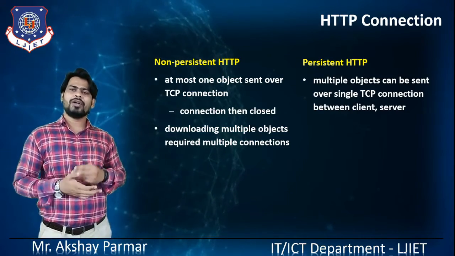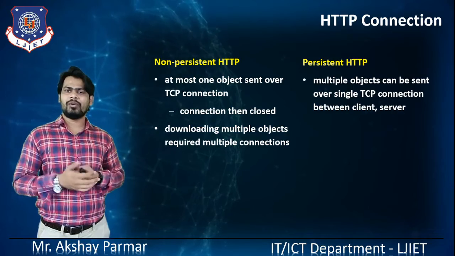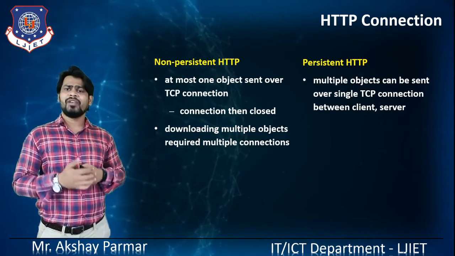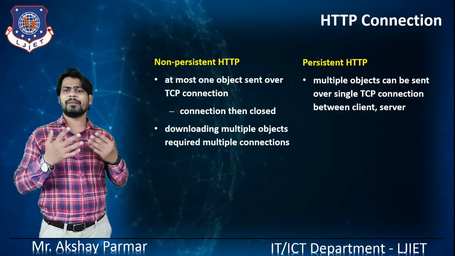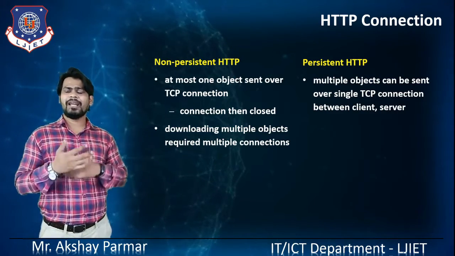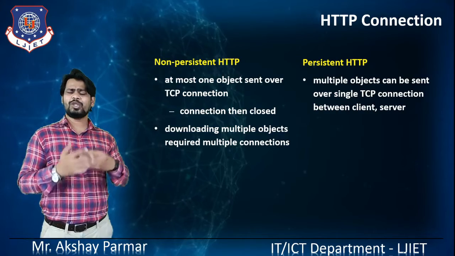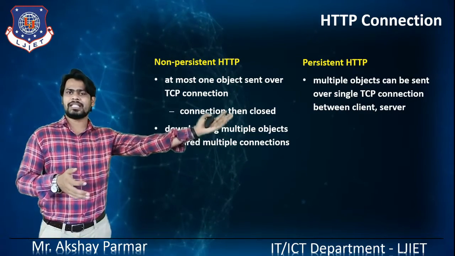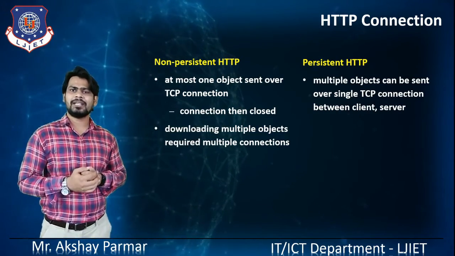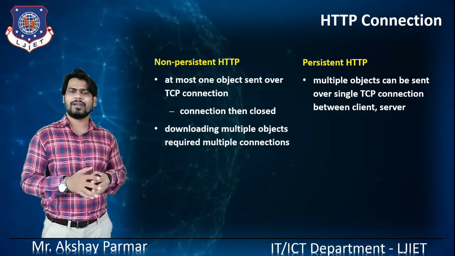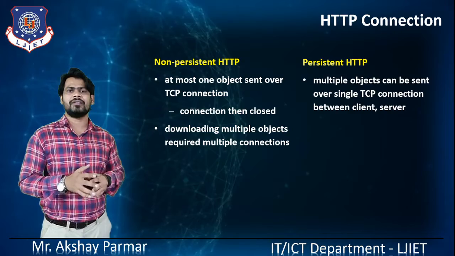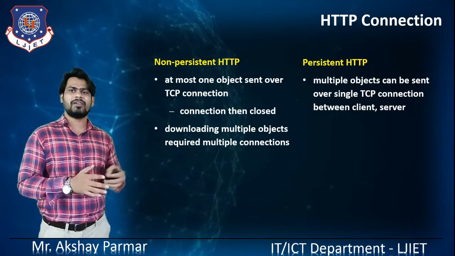But if you want to download multiple objects without requiring multiple connections, then you can switch to persistent HTTP. In persistent HTTP, multiple objects can be sent over a single TCP connection between the client and the server.